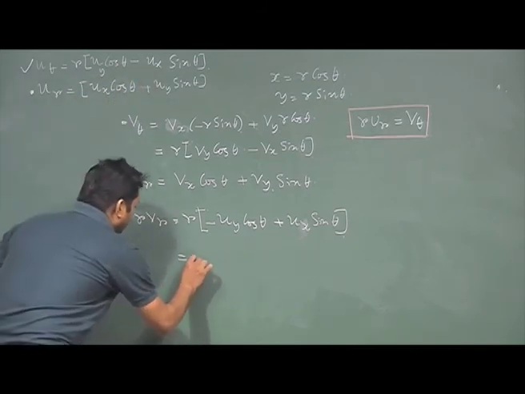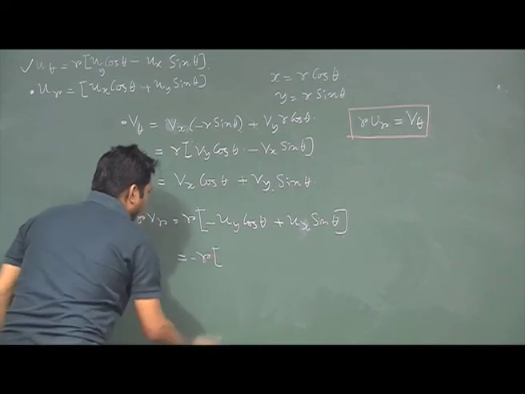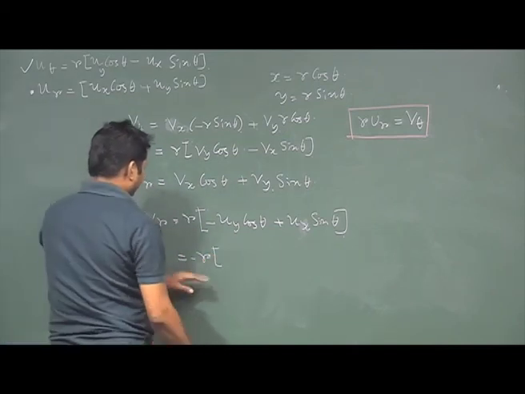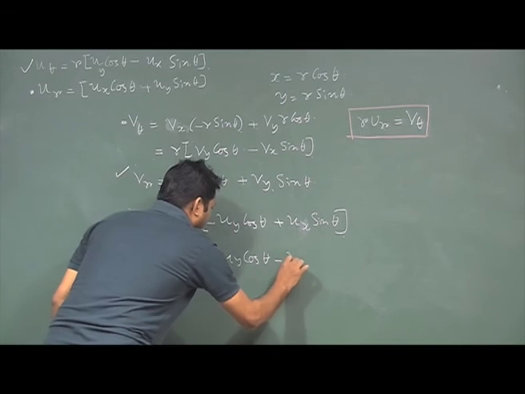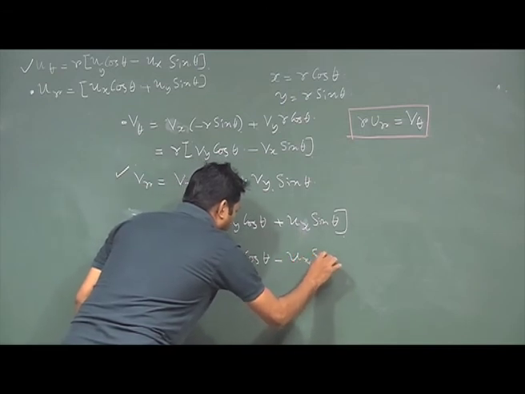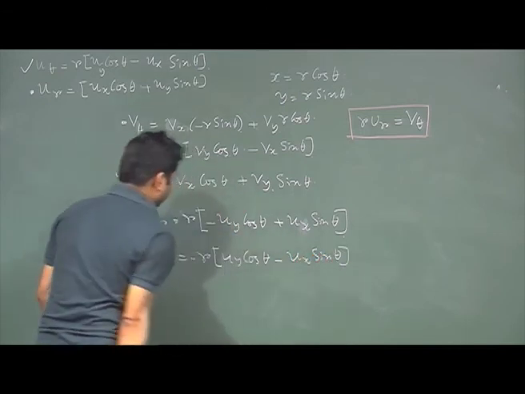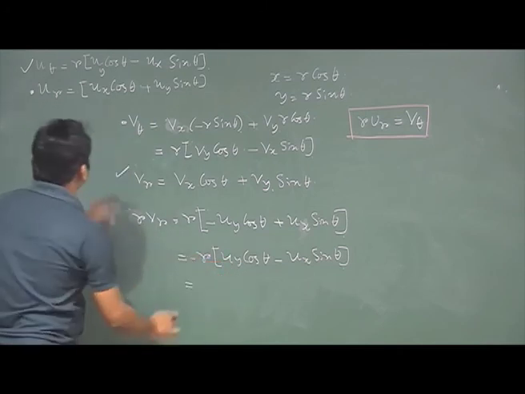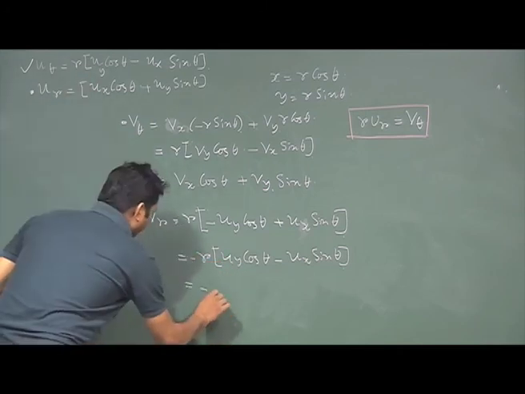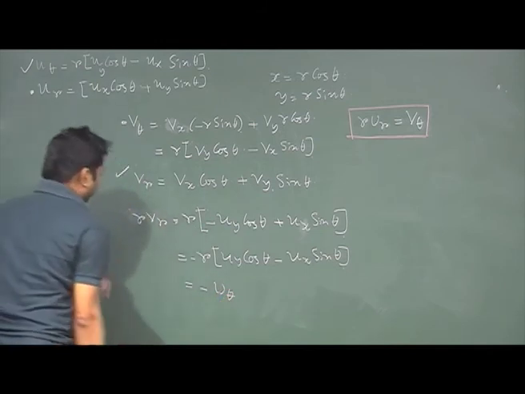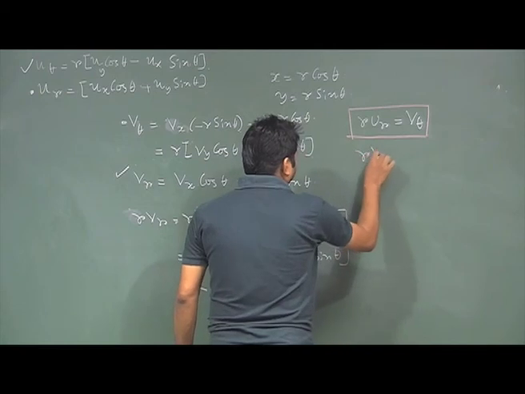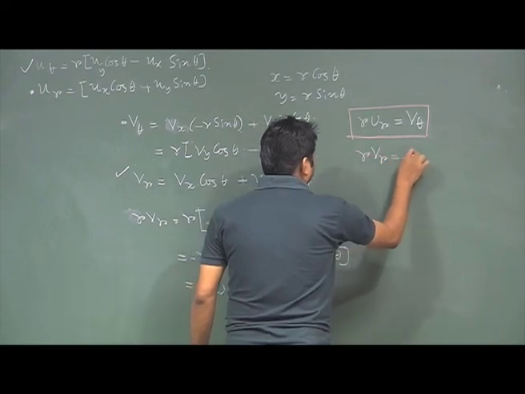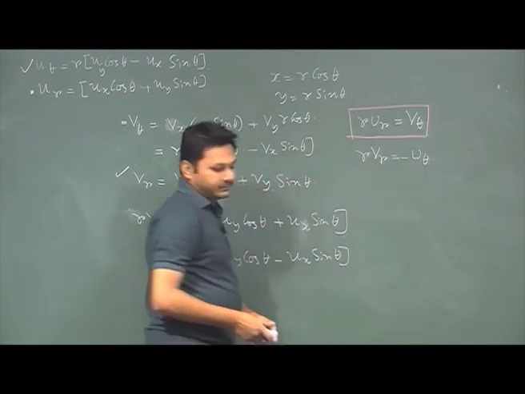So, I can write it like minus of r u y cos theta minus u x sin theta. This quantity from here I can write minus of u theta. So, my second expression is r V r is minus of u theta.